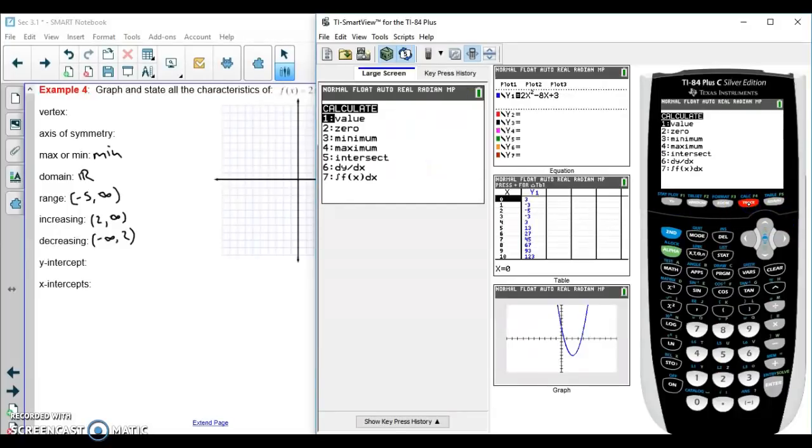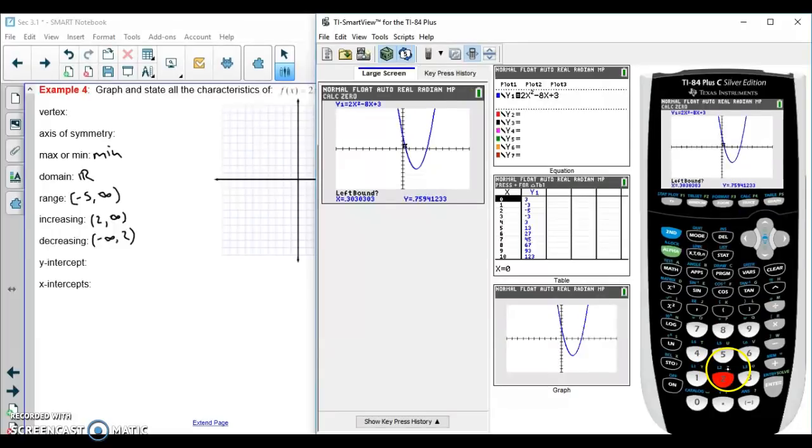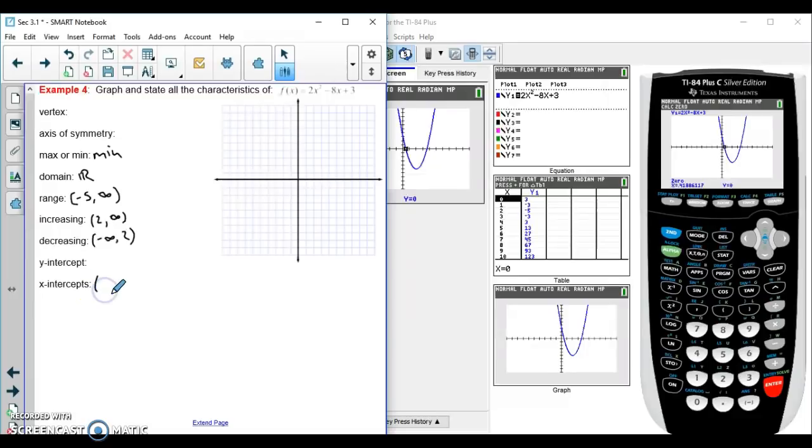Second trace. And then I'm going to do zeros. And I'm going to do the left bound, which is just above it. Enter. Do the right bound, which is just below it. Enter. And then guess. And I get roughly an x-intercept of 0.4, comma, 0.